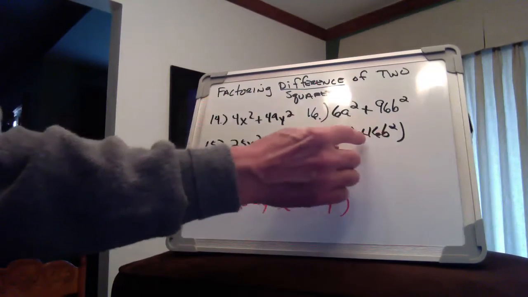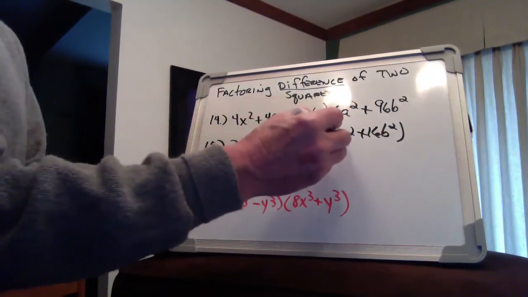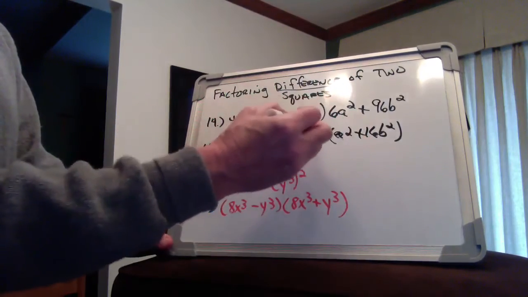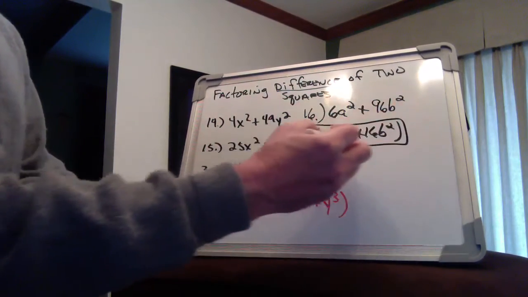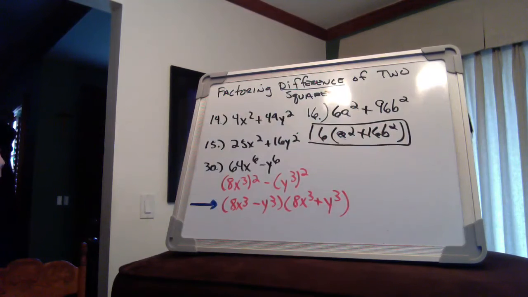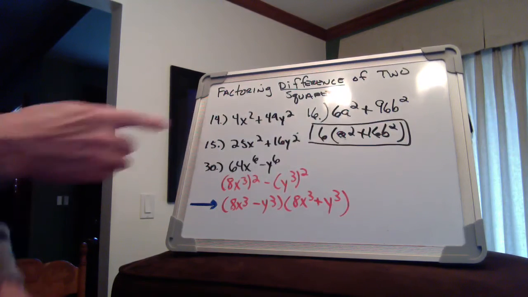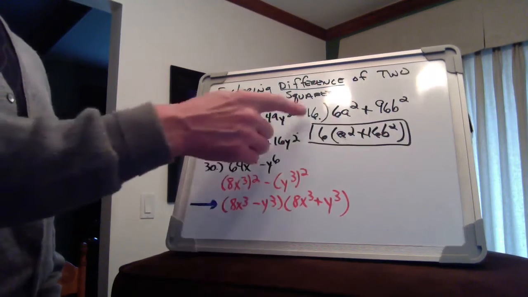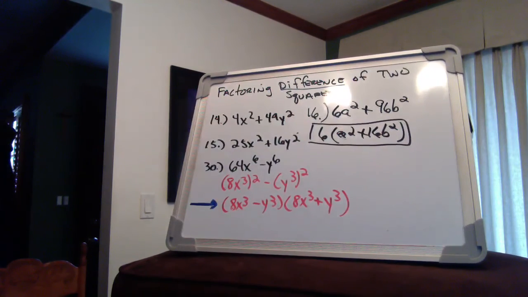These are perfect squares now, but you have a plus sign. Right? So you can't factor it as a difference of two squares. So that would be your factored form for 16. So notice if you go back to 14 and 15, you didn't have a GCF between the terms that you could factor out. So that's how these two are different than 16.